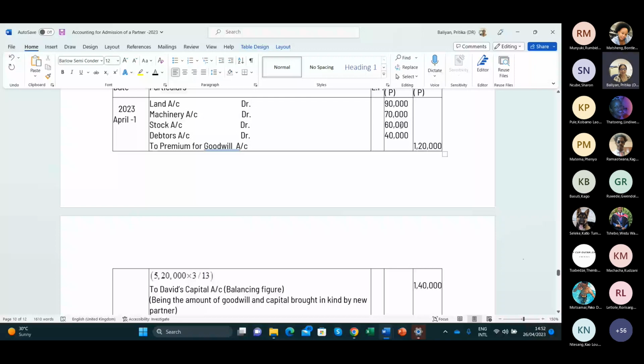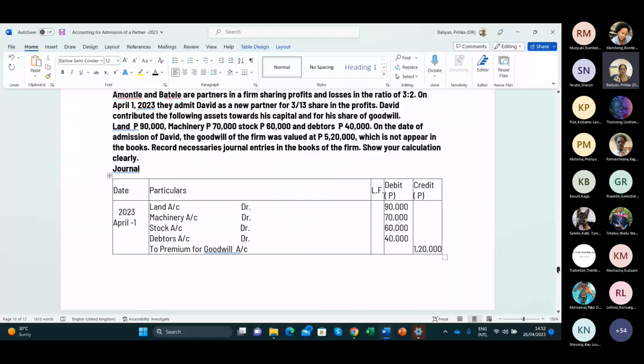The total is 260,000, right? Are we together? You add all these figures brought by the new partner, 90 plus 70 plus 60 plus 40, which makes 260,000. So 260,000 totally came as goodwill and capital of the new partner.